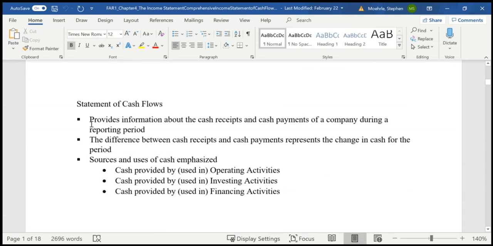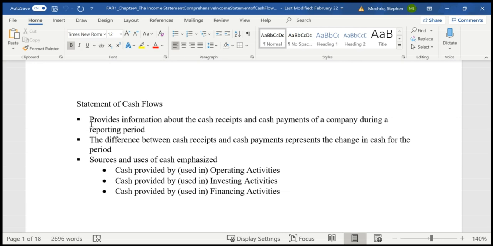When we talk about the statement of cash flows, we'll learn that it provides information about the cash receipts and cash payments of a company during a reporting period. The difference between cash receipts and cash payments represents the change in cash for the period.